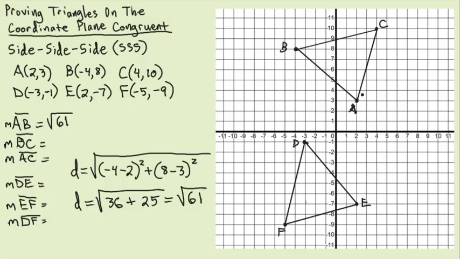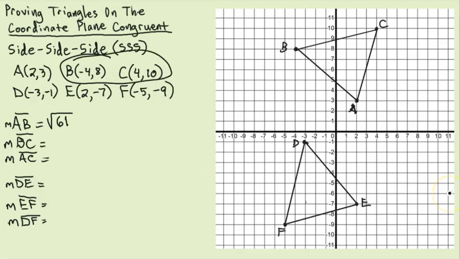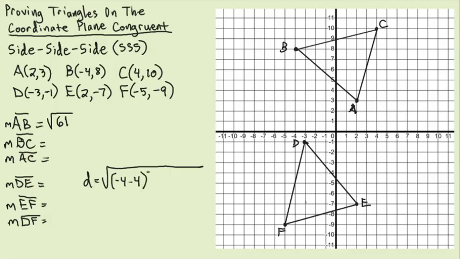Now we'll do BC. All right, so B and C are these 2 points, (-4, 8) and (4, 10). So the distance formula is going to be the square root of two x values, -4 and 4. So let's do (-4 minus 4) squared plus two y values, 8 and 10. We'll do (10 minus 8) squared.